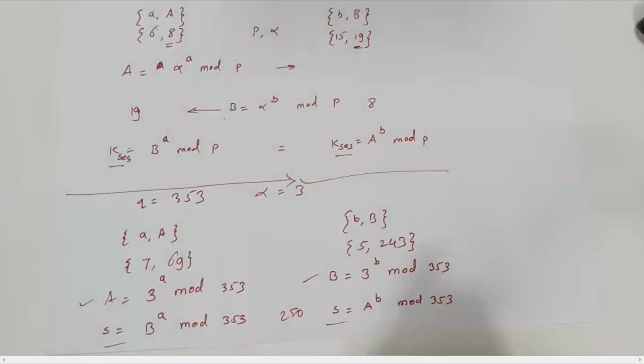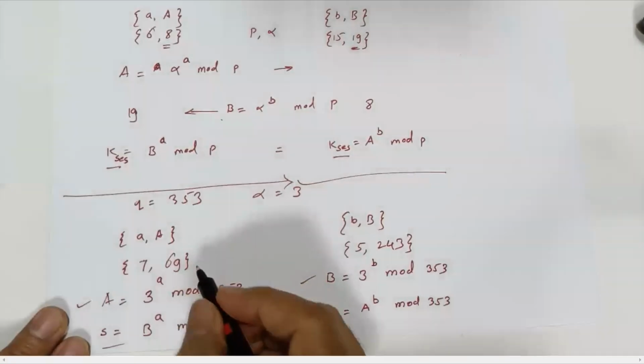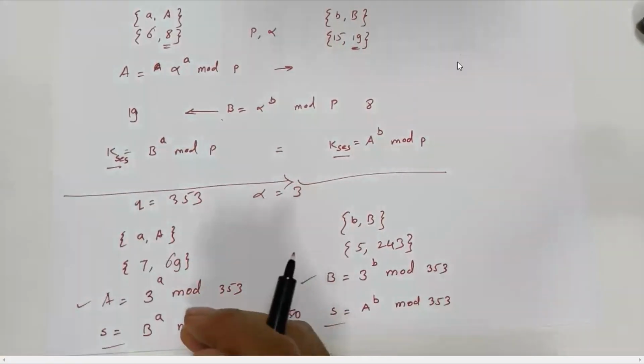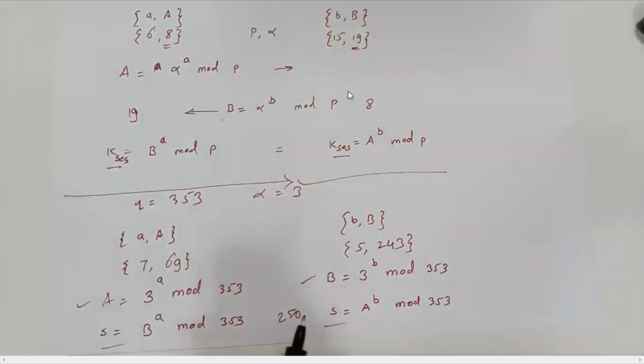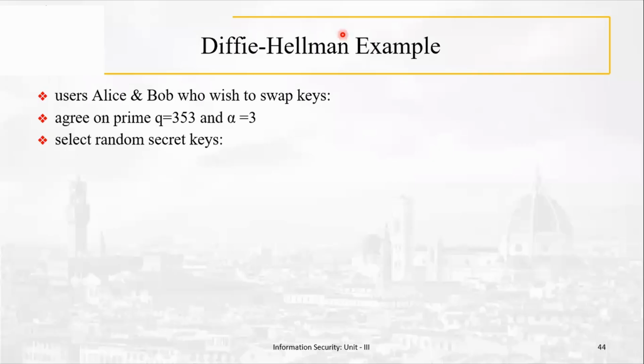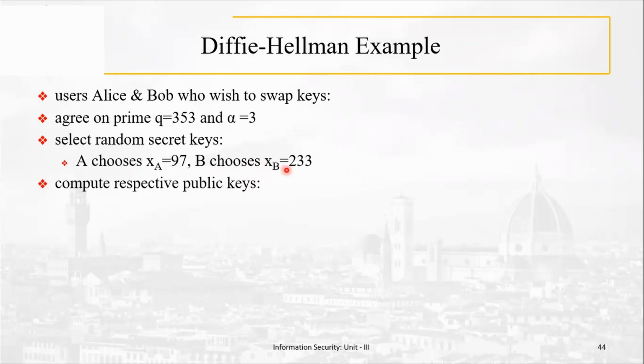Is there any other combination that other students have calculated? There must be many combinations possible. One of the combinations is choosing private key as 97.